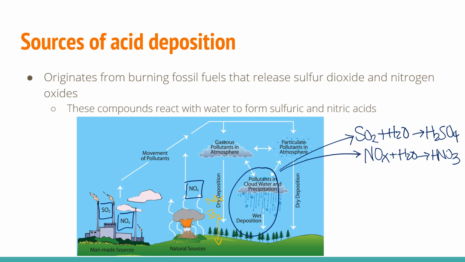When we're talking about wet deposition, these chemicals go into the air and then react with water to form these acids. So that's the acid rain. But you can also have dry deposition where these chemicals are formed and then just go back onto the ground. So two sources: wet deposition, where it mixes with water, or dry deposition, where it's just the substances themselves.